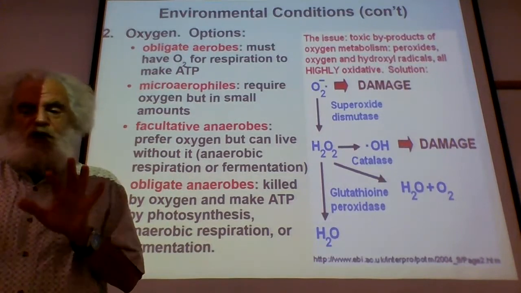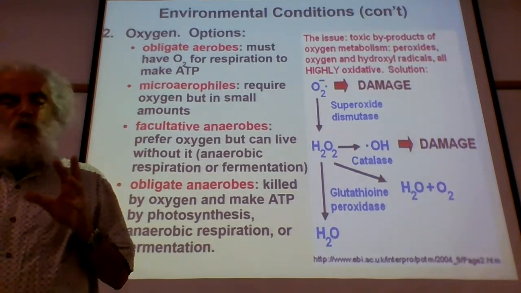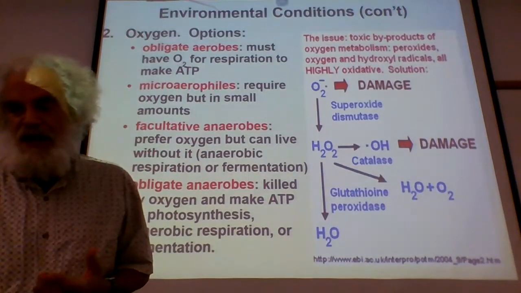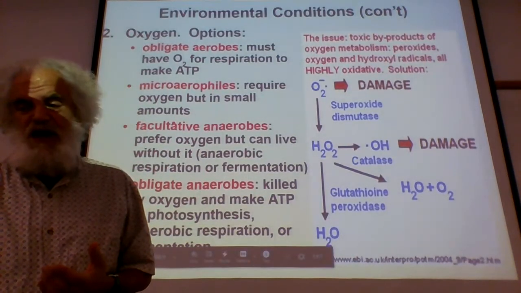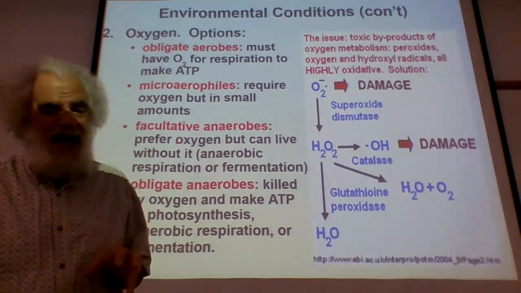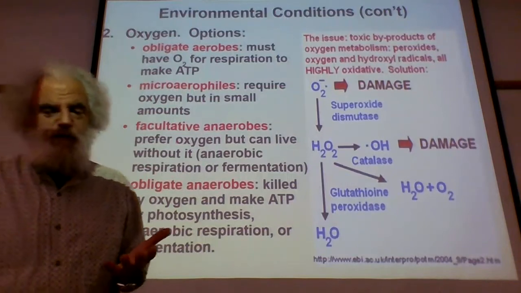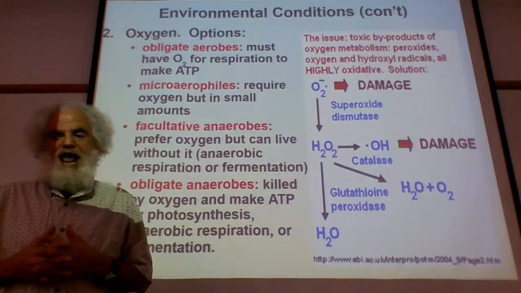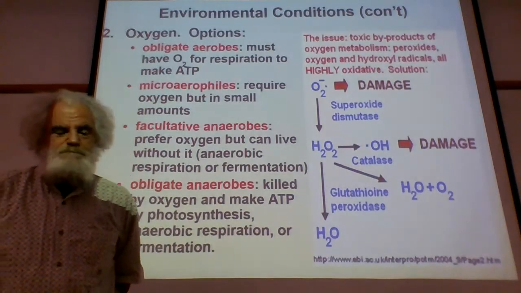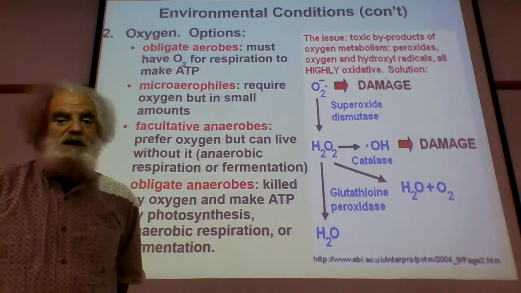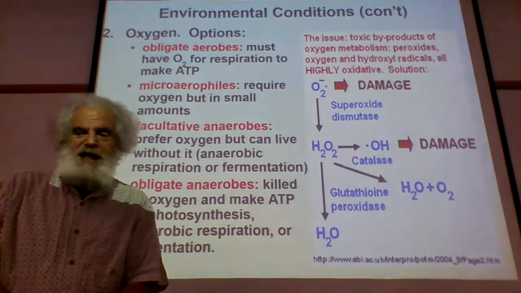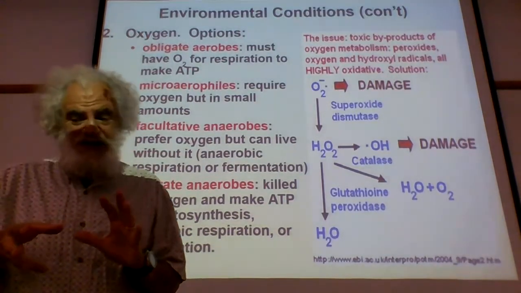Then we've got organisms that can work without oxygen, and these are referred to as facultative anaerobes. You can be an organism that typically uses oxygen, but you can live without it. And this is what results in anaerobic respiration, also known as fermentation. So a lot of bacteria end up being facultative anaerobes, particularly bacteria on the surface of your skin.